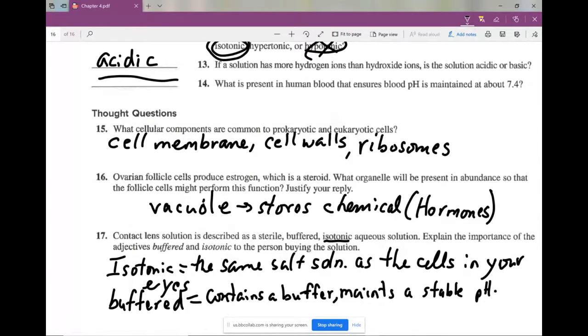And all cells use proteins to function, especially your eyes. So if you have your contact lenses in that buffered solution, it's not going to change the pH of your eyes. You don't want to put an acidic solution on your eyes or even a basic solution. You want to put a nice neutral solution on your eyes so that everything stays functioning.